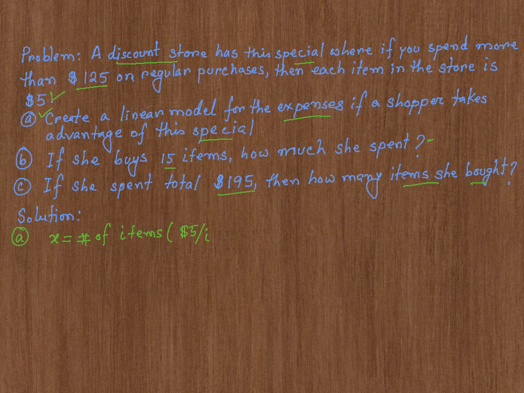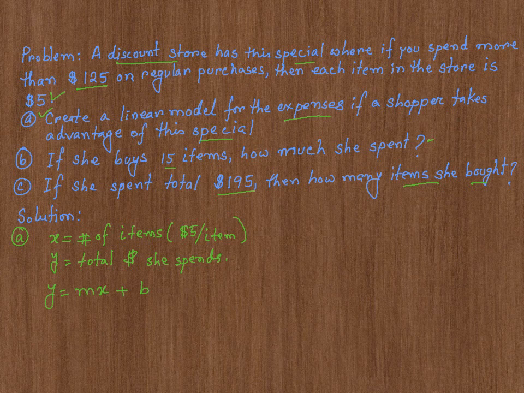And Y is the total money she spends. Now, in terms of X and Y, we can create a linear model, which is going to be Y is equal to mx plus b.